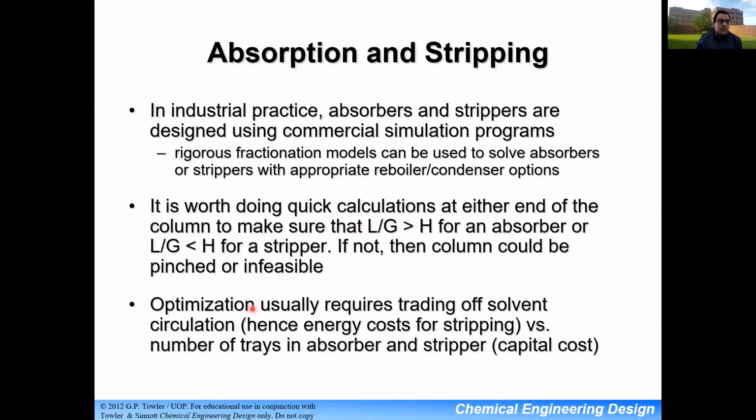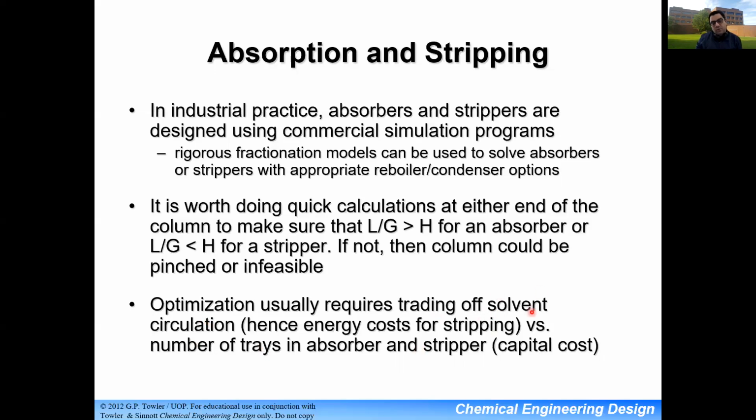Optimizing this requires a trade-off between your solvent circulation versus the number of trays, right? Usually there's a trade-off in designing absorbers and strippers, where if I increase my solvent flow rate, I'll need fewer trays to treat it, or if I decrease my solvent flow rate, I'll need more trays.